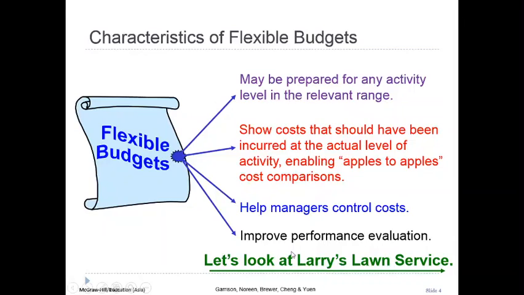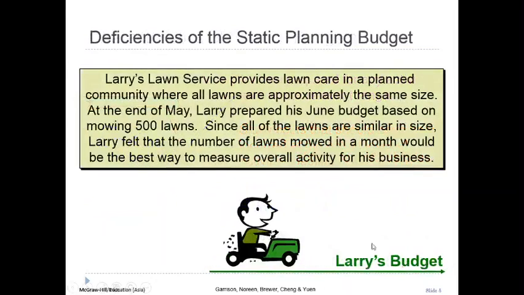In this chapter, we will use Larry's Lawn Service as our example. Larry's Lawn Service provides lawn care in a planned community where all lawns are approximately the same size. At the end of May, Larry prepared his June budget based on mowing 500 lawns.